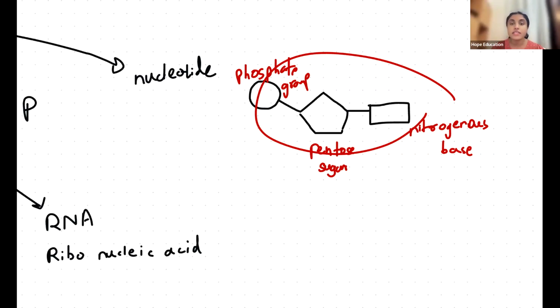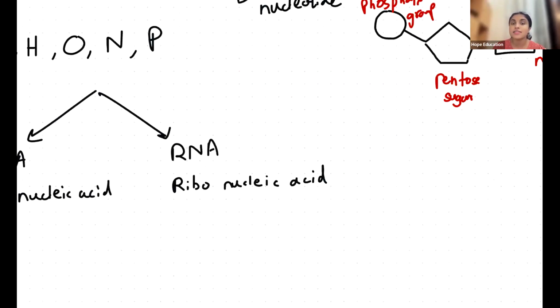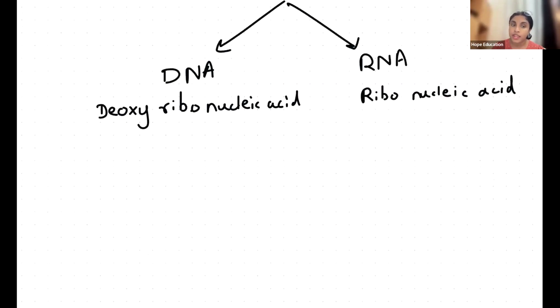Okay? And then we said there are two types of nucleic acids, DNA and RNA.